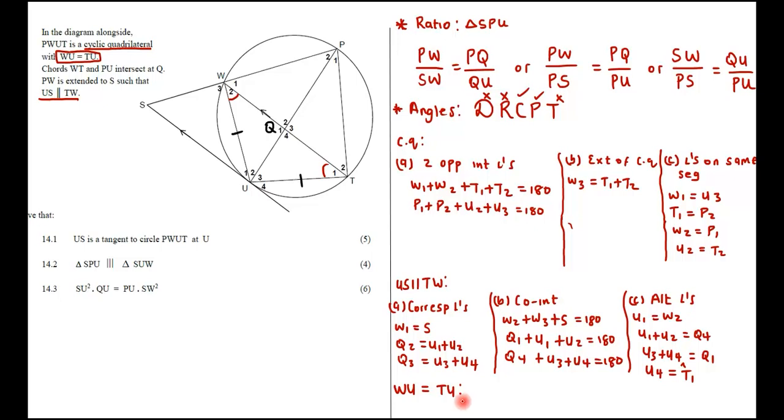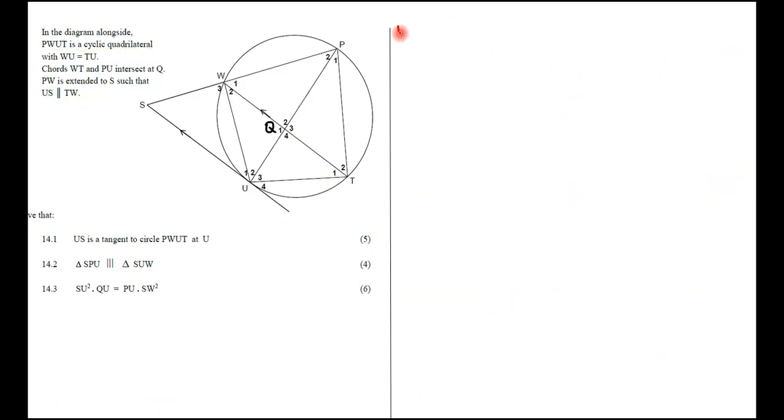So I'm going to say T1, or rather, let me just open a new space. So we're saying WU equals TU. So this means I see the base angles of an isosceles. So T1 is equal to W2.